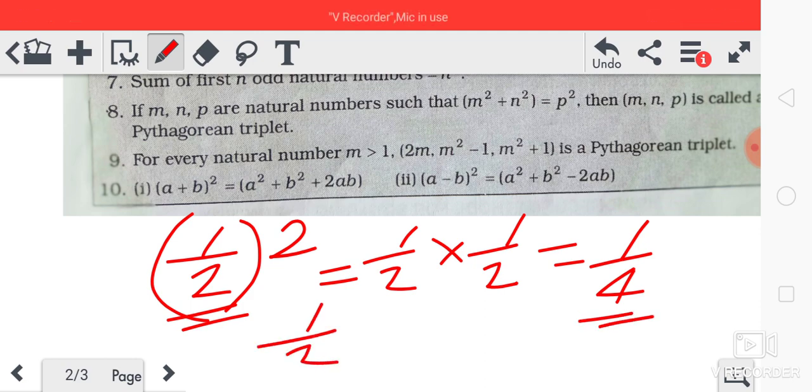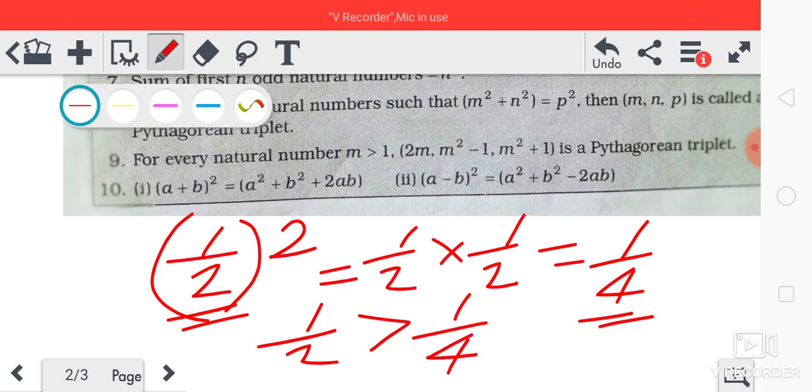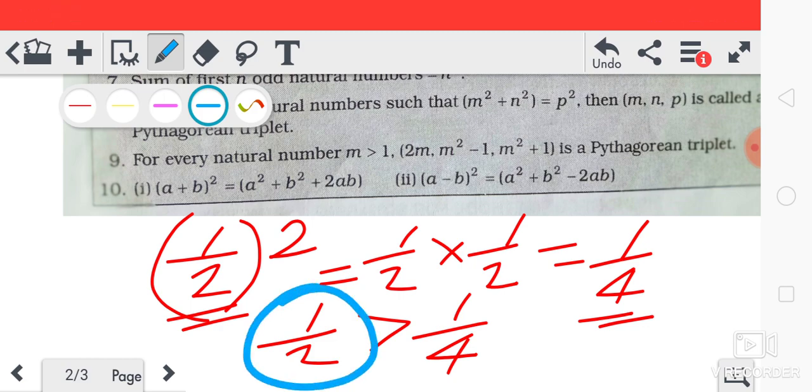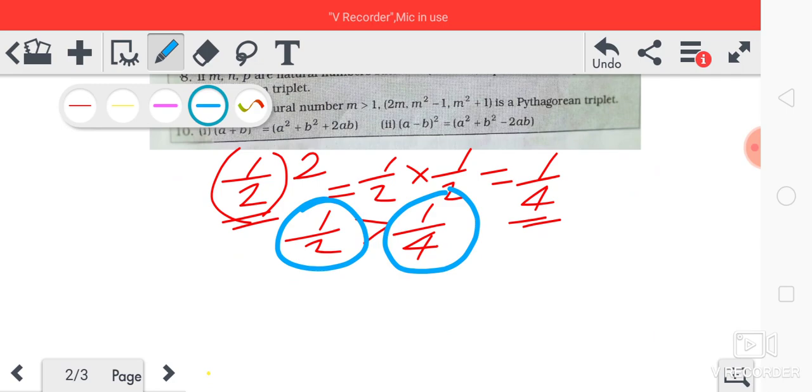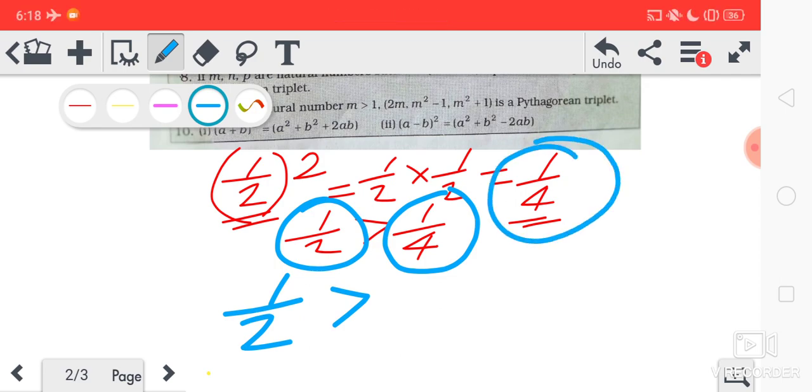The original fraction 1 by 2 is greater than 1 by 4, which is its square. So clearly 1 by 2, the fraction, is greater than the square of the fraction, 1 by 4.